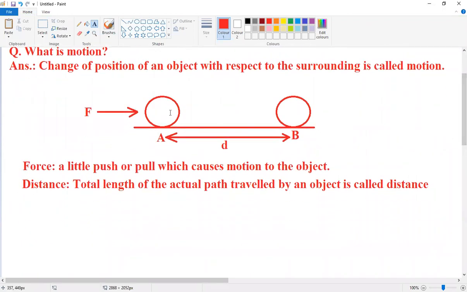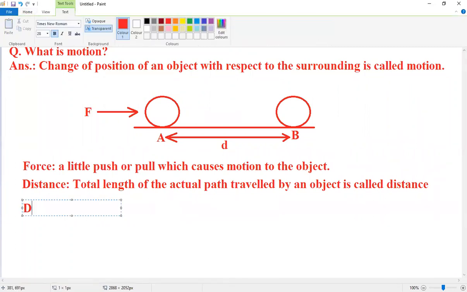Now, while defining distance, I also used the word displacement. It displaces from point A to B, in the direction of the externally applied force. While defining displacement, we show its direction, from where to where it gets displaced. From point A to point B it displaces, right?